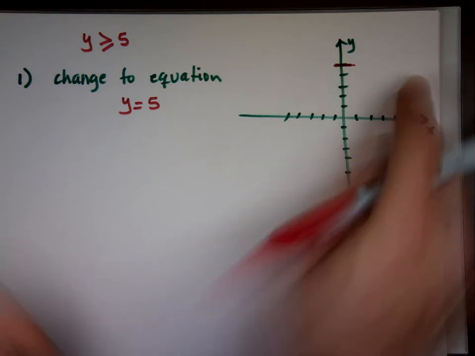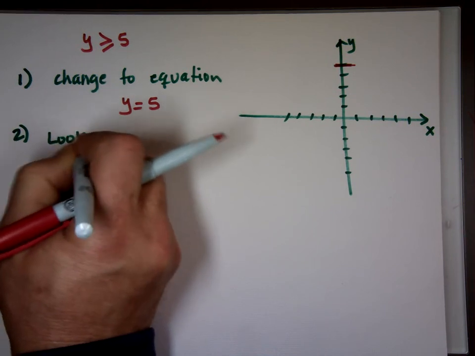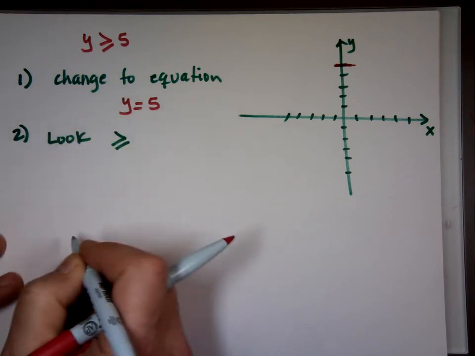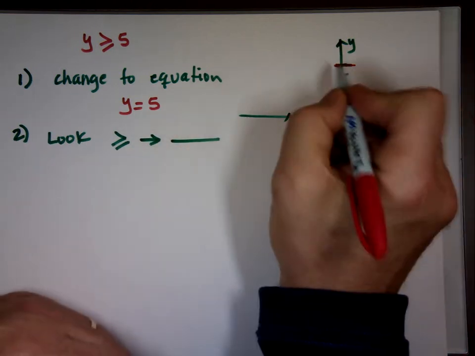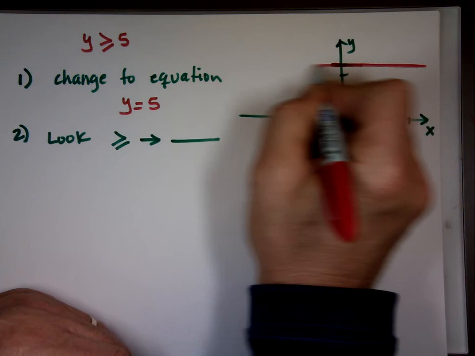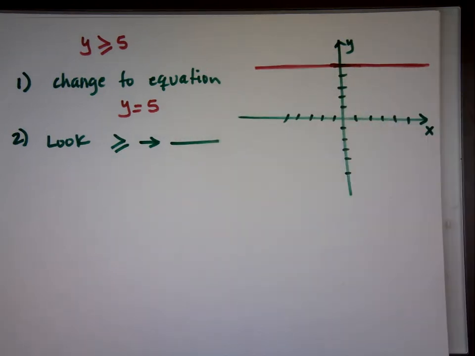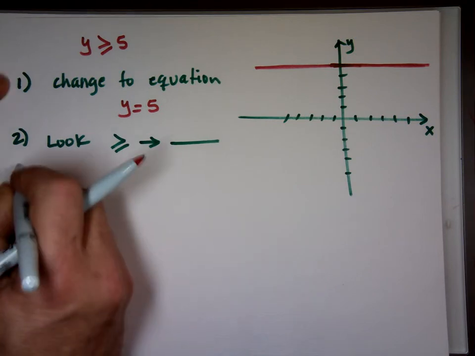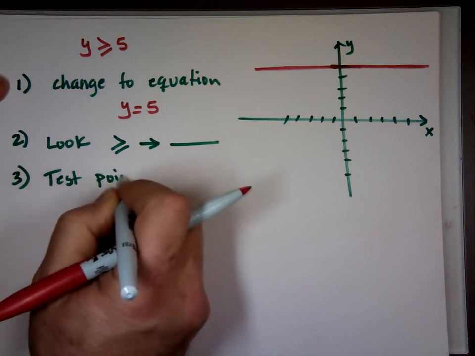Again, is this going to be a solid line or a dotted line? We have greater than or equal to, which means what? Solid line. So when I draw the line, it's a solid line. And step number 3 is my test point. Maybe I'll pick 0, 0.